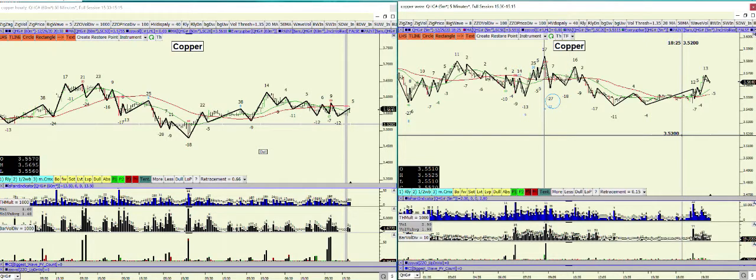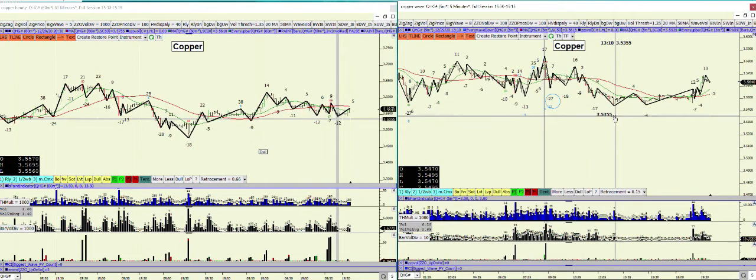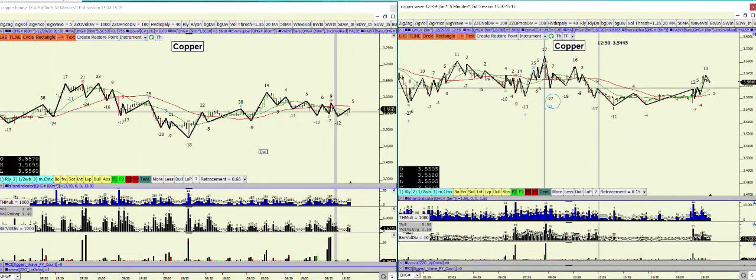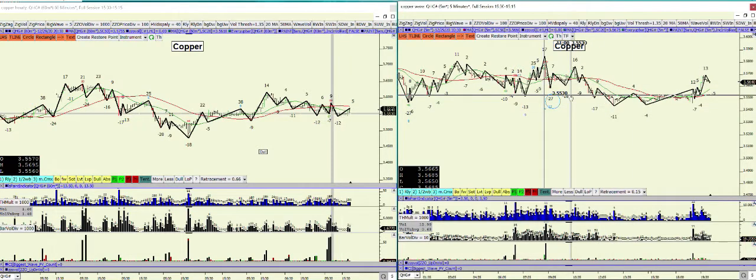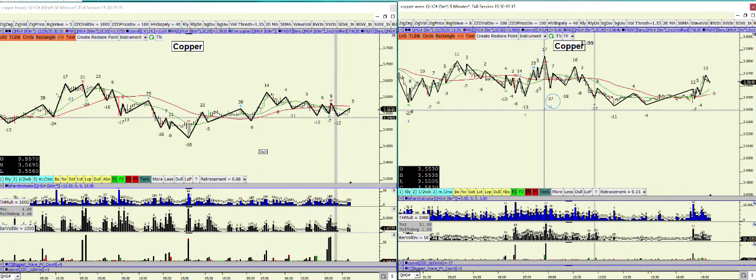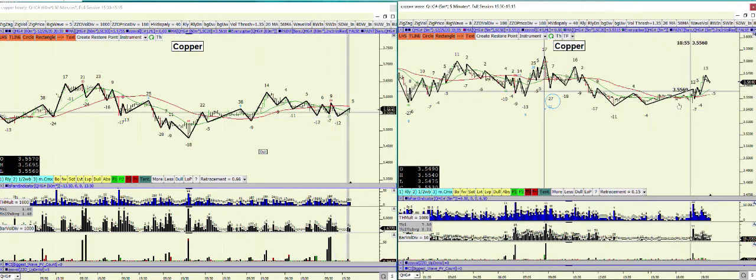All right, folks, so this is just an example of the basics of supply and demand. It's really not overly complicated. We make it complicated. These are just numbers. And you're looking at price and volume, meaning the distance and volume, or distance, duration, and volume, whatever. So it's not rocket science.